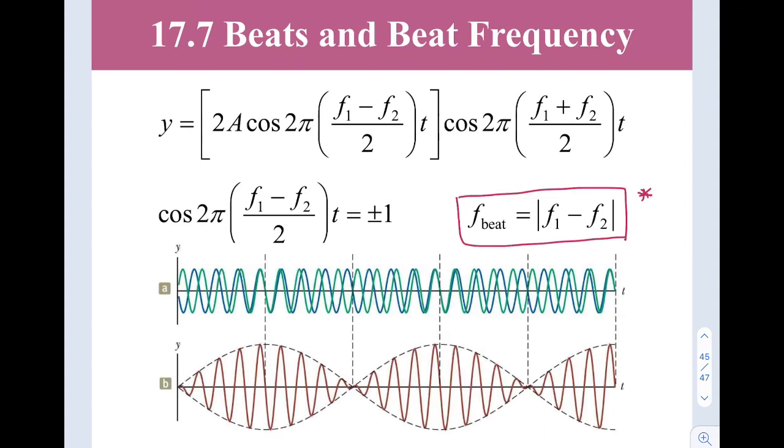So in terms of a wave, this is what beats look like. The beat is within an envelope, a combination of the green wave and the blue wave producing the brown wave here. At this point it is almost the maximum amplitude of this wave, but at this point here they are completely out of phase.